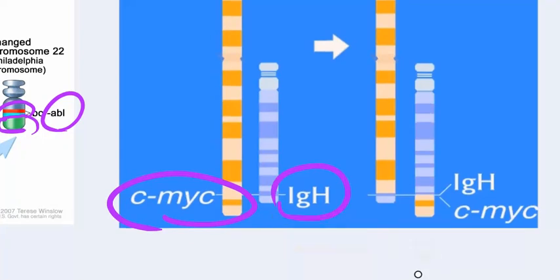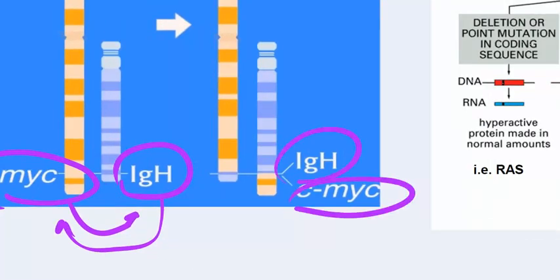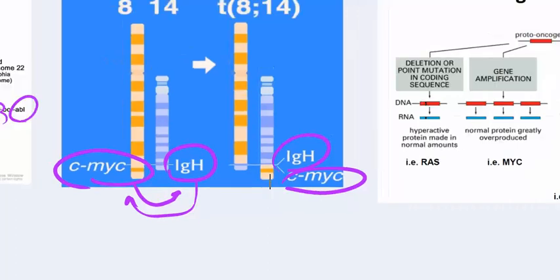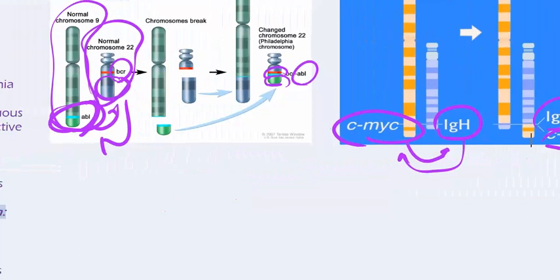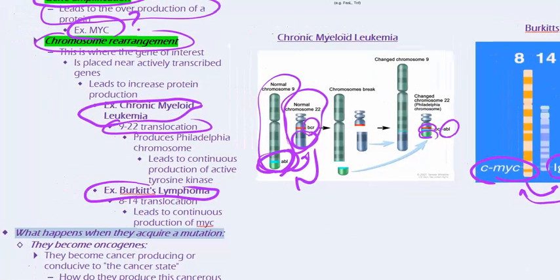So when you have this chromosomal rearrangement, now c-MYC is next to IGH. So now MYC, which we said is a transcription factor, can be produced in larger quantities, and it will act as a transcription factor and promote the cancerous state. Does this make sense?